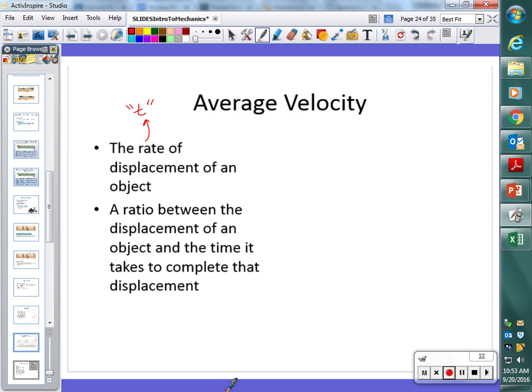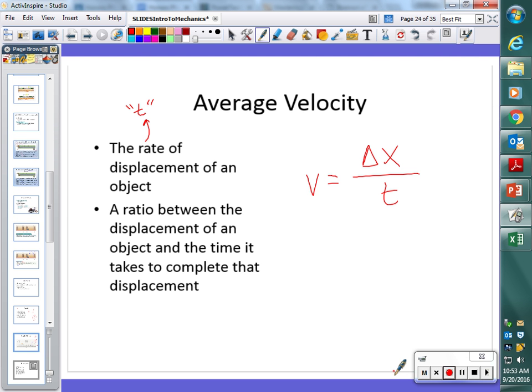Like we said before, how do we represent ratios mathematically? Fractions. So, v equals, right? What's going on the bottom of this fraction? Time, because it's a rate. And that means what's going on the top of this fraction? Displacement. What notation are we using for displacement? Delta x, right? Or the change along the x-axis.